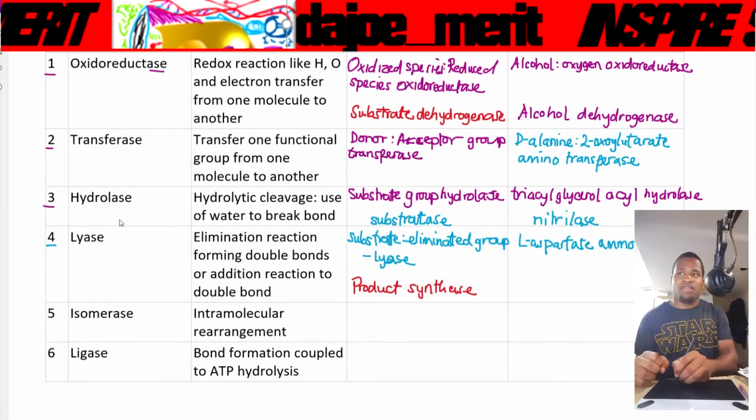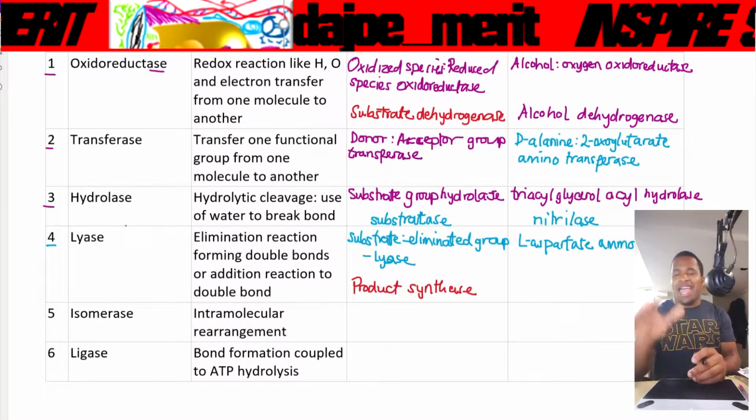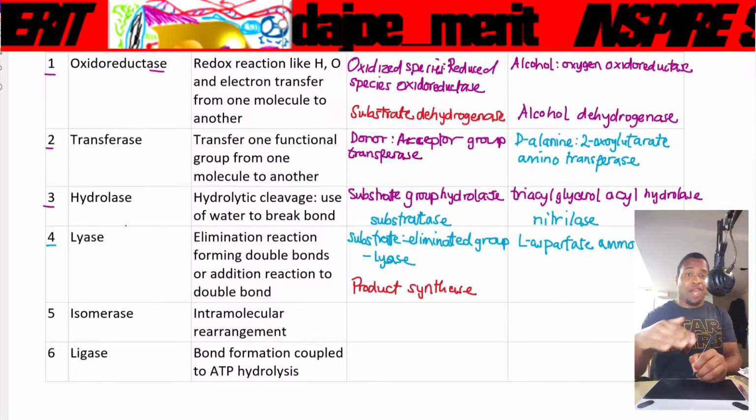So in this case we actually form our product, which is called asparagine in a way. But anyways, that is just me going ahead of myself.